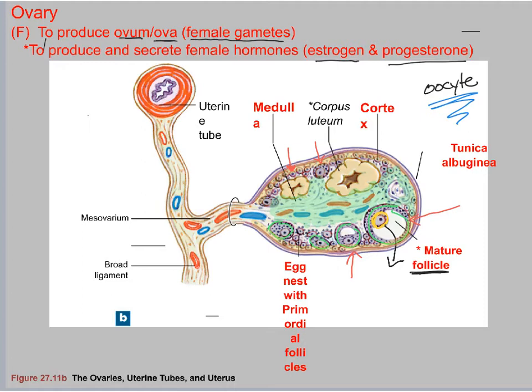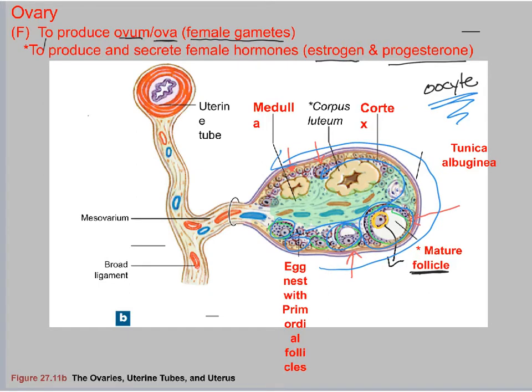In this photo, it's very easy to assume that these follicles and the oocytes on the inside gradually migrate around the ovary, because you see them small here, medium size, even bigger, and then bigger. I want to make sure that you recognize that the follicles are not moving around the ovary.